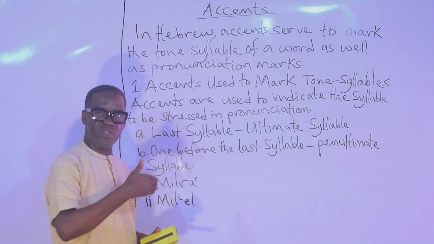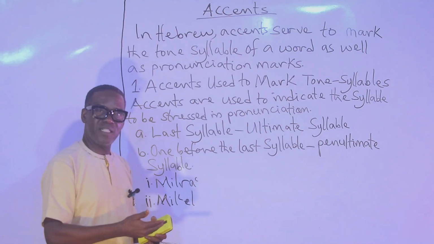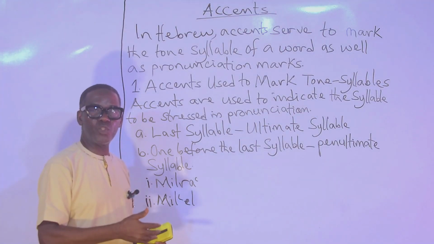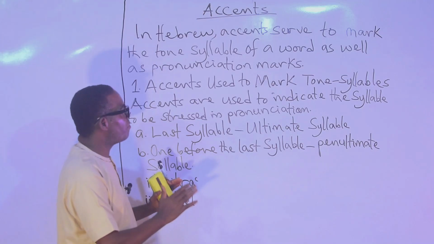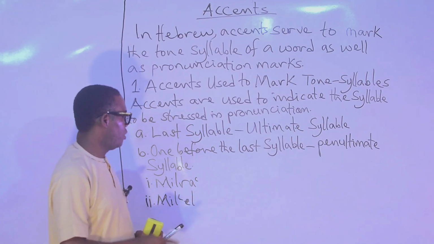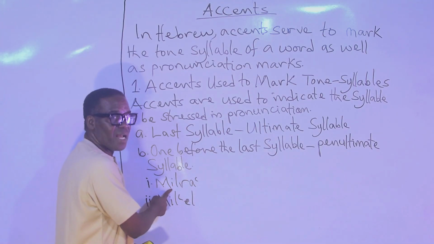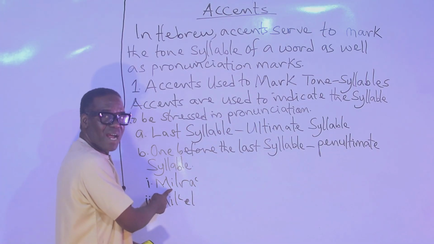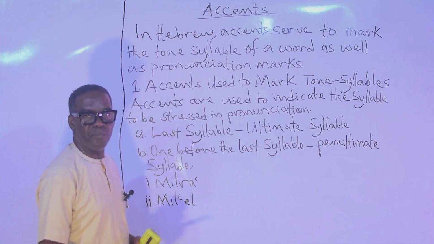When a word is pronounced, accent is used to indicate the syllable in that word that will be stressed. There are two types of these accents in Hebrew. One, milra. The second one, mil-a.